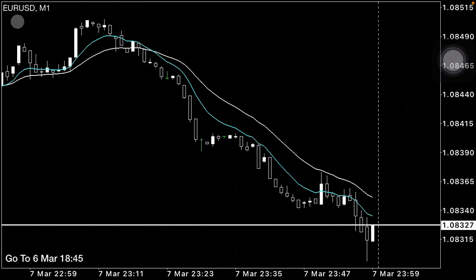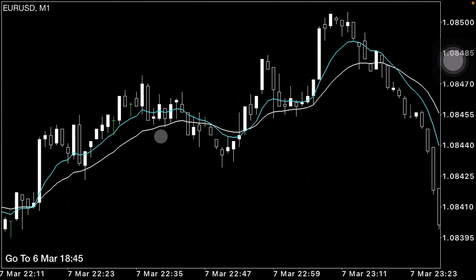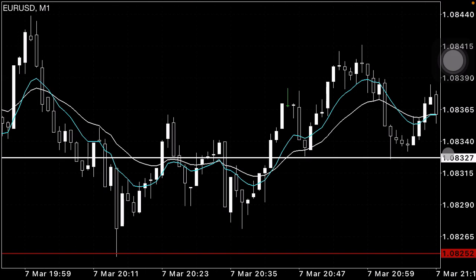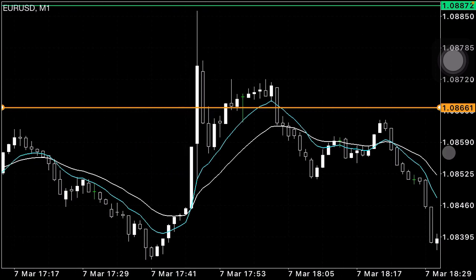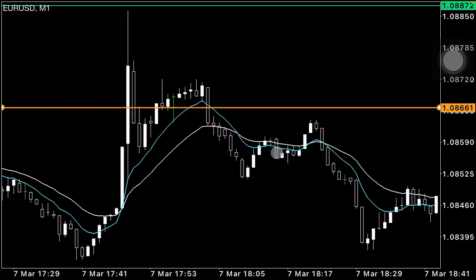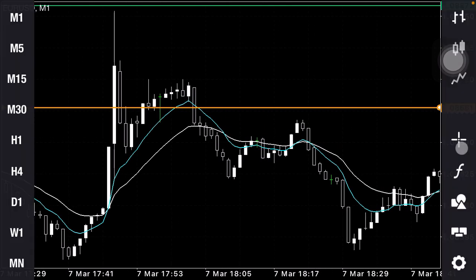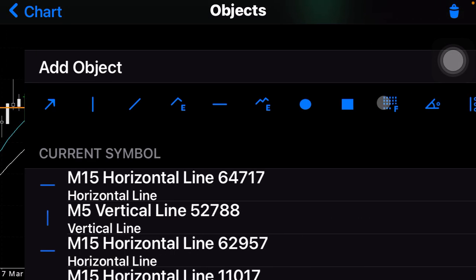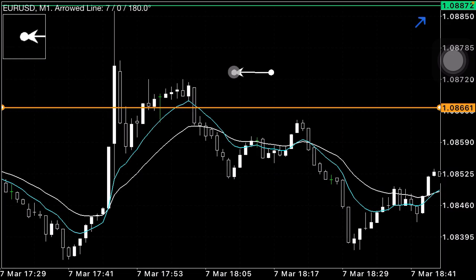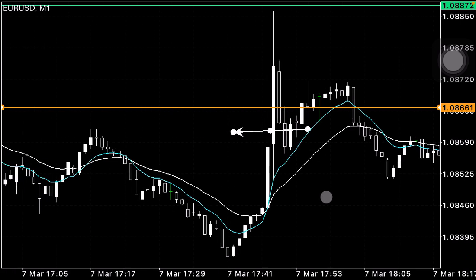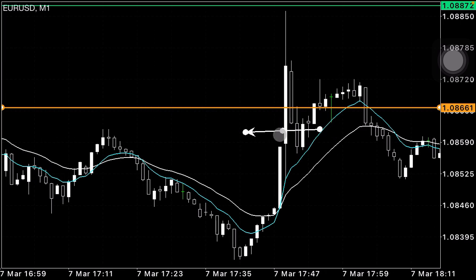Go to the 1 minute chart. So here it is. Get another arrow. Here's the big drawdown right here. It came up.